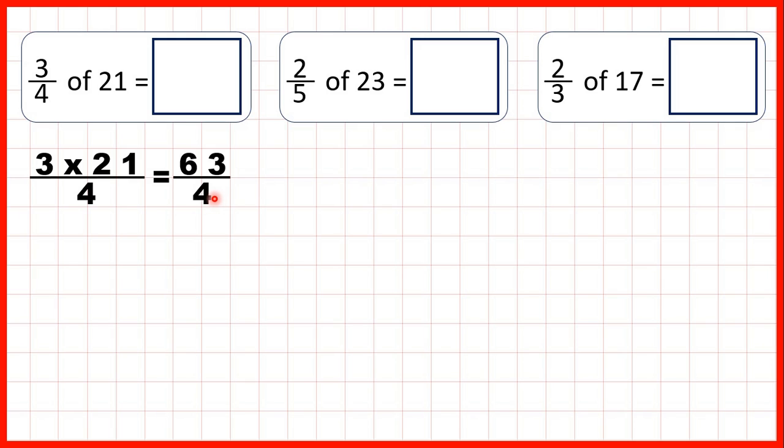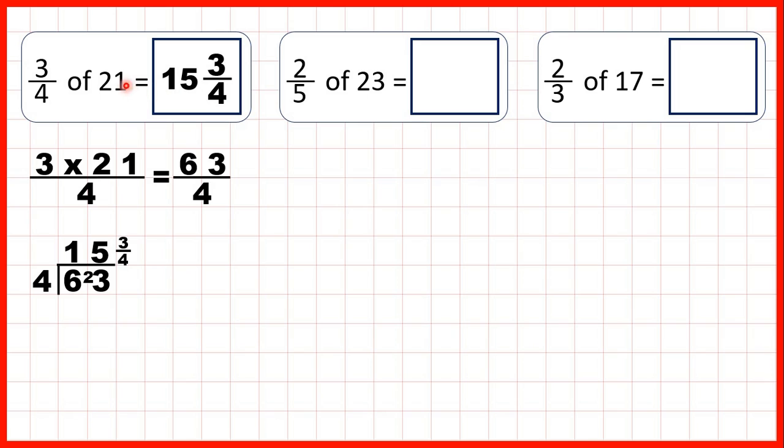And to turn it back into a mixed number, we can divide 63 by 4. 6 divided by 4 is 1 remainder 2, because 1 times 4 is 4, plus 2 is 6. And 23 divided by 4 is 5 remainder 3. So we can write the remainder 3 as our numerator, and the denominator is the divisor. So our answer is 15 3/4.